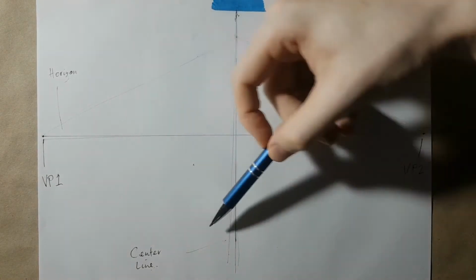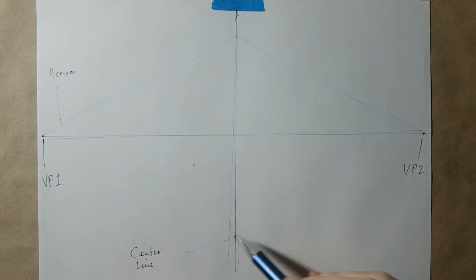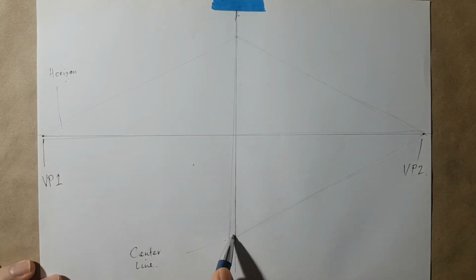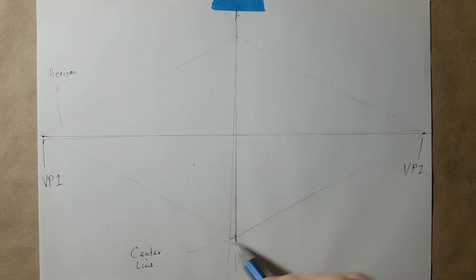And I'm using my pen to measure out the distance that I did in the top half of the page and matching that in the bottom half. And I'm trying to make lines lightly and all in one clean stroke from the vanishing point out to those new nodes that I put onto the vertical line.